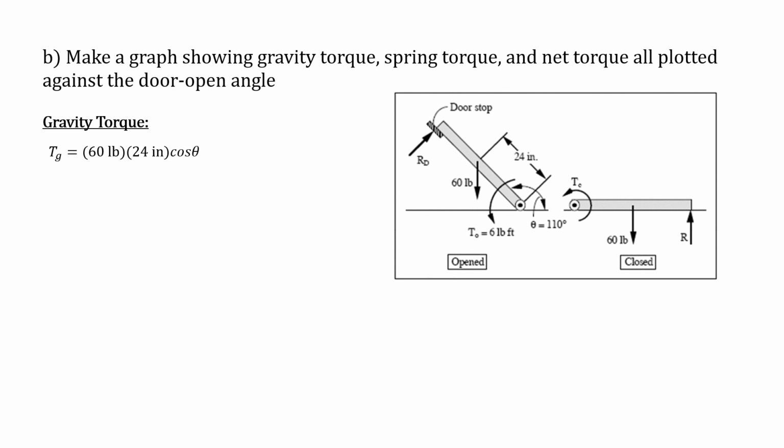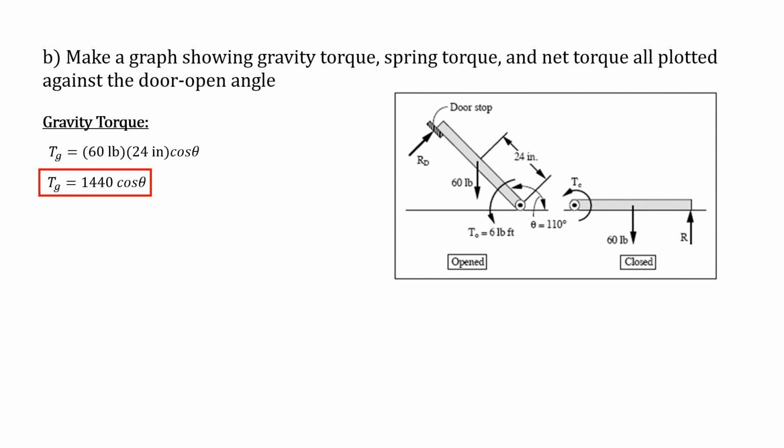When we were solving for torque closed, we didn't have to put in cosine theta because the angle is 0, so that just cancels. But here it's actually open, so we have to take into account the angle, so cosine theta. And if you sub that in, you end up with an equation here of 1440 cosine theta.